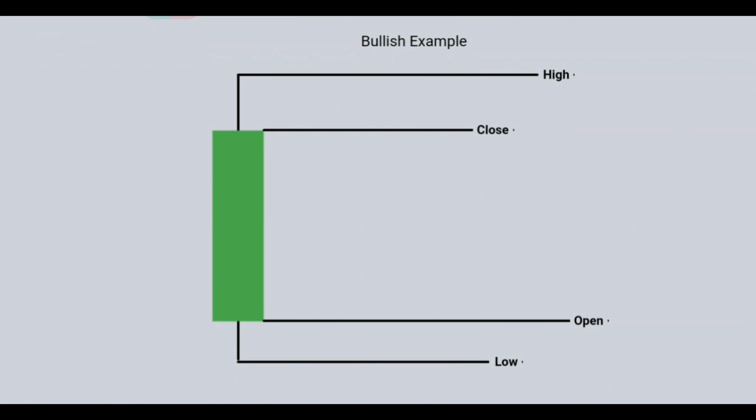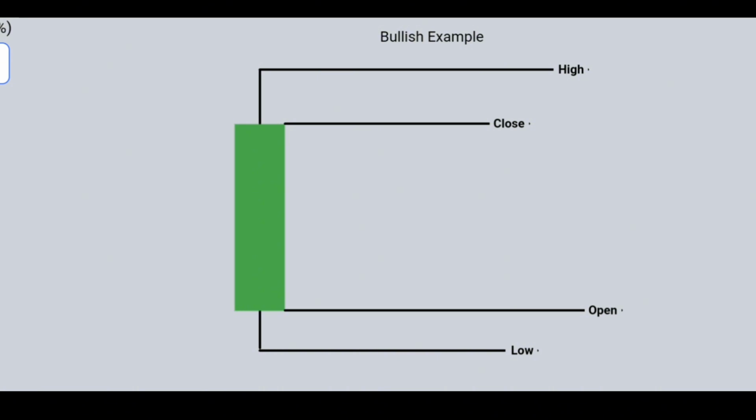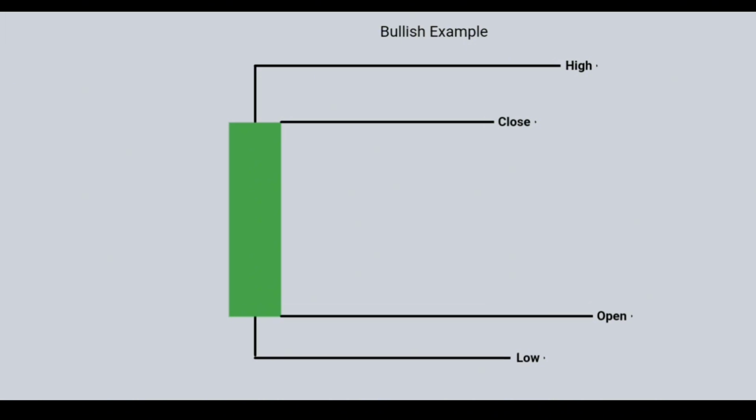So guys, here we are, and the purpose of this video is to show you how to apply the previous candle's high and low strategy on the 1 hour time frame to create multiple scalp trade opportunities.